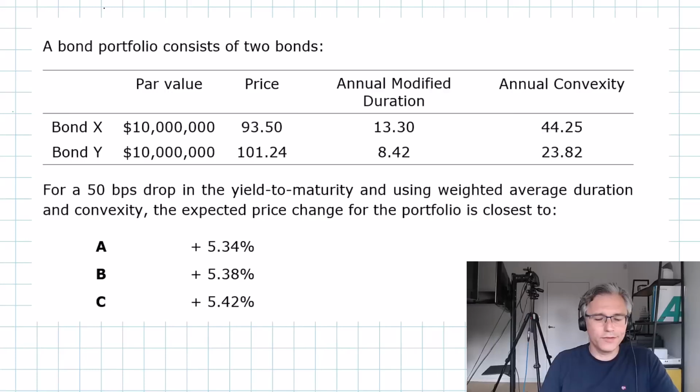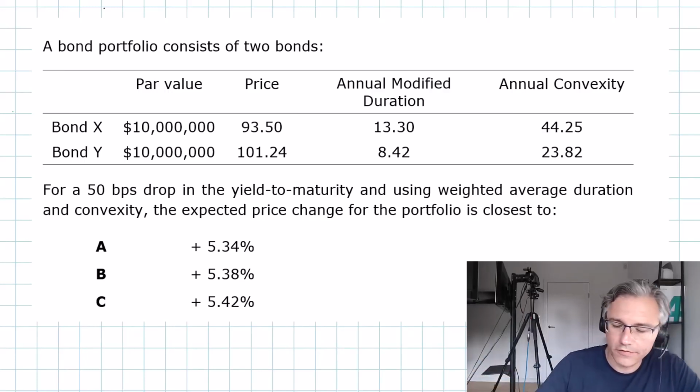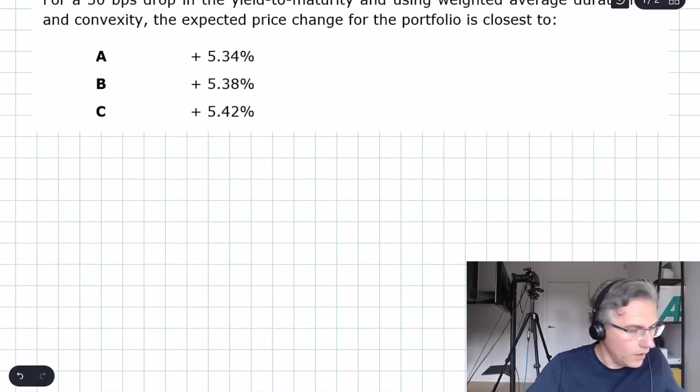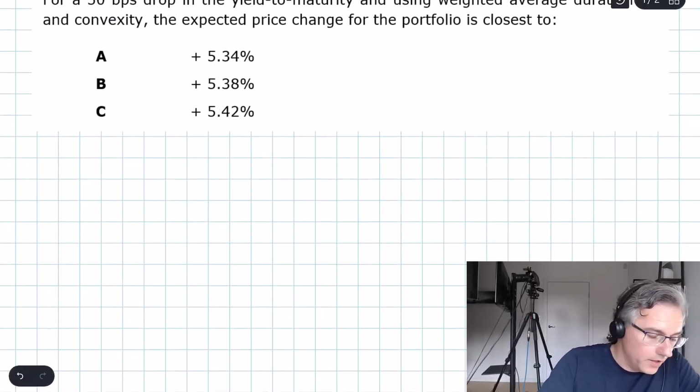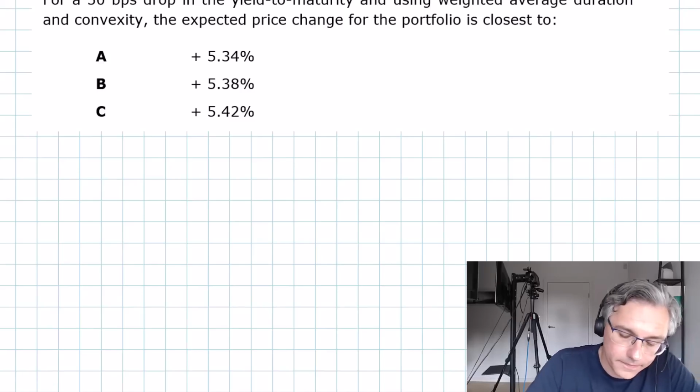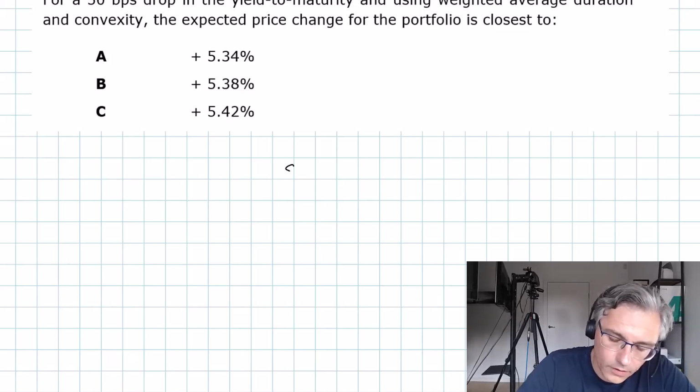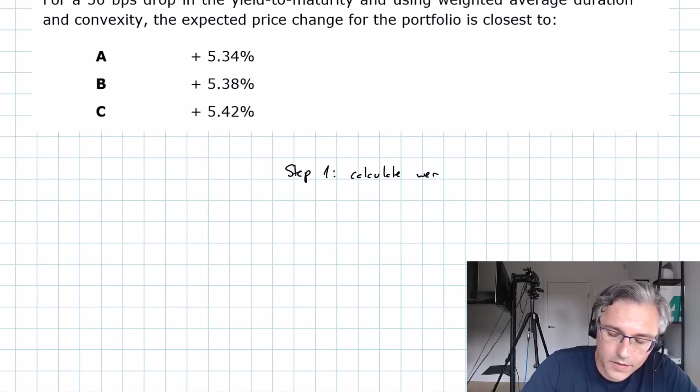Okay, this is what we have to analyze, and we're assuming this happens uniformly across the yield curve. The first thing we need to do, step one, is to calculate the weights. Okay, so let me do this here. Step one, calculate the weights.